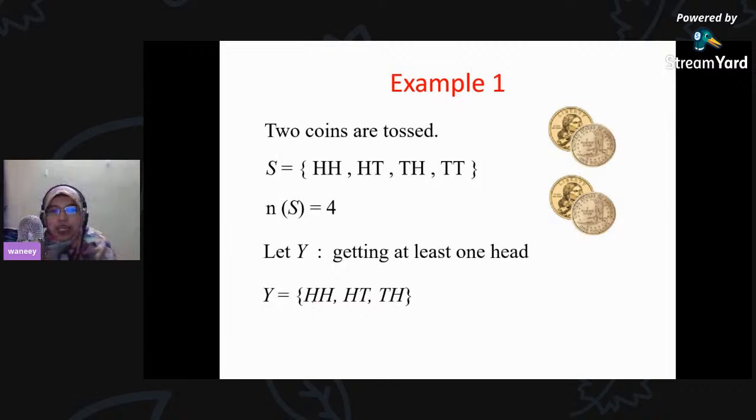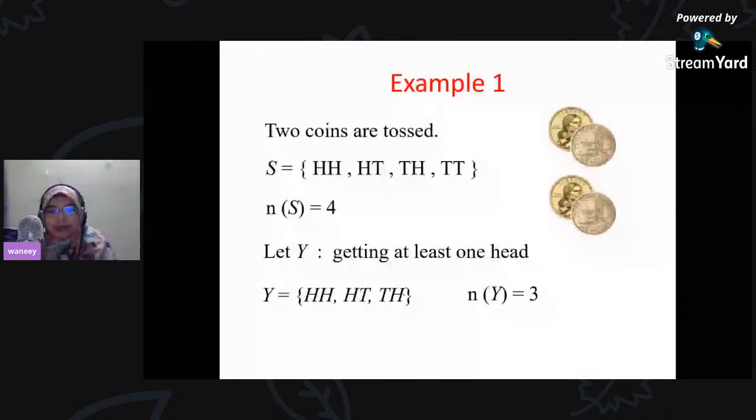So we're going to have HH, HT, TH. This is the event of getting at least 1 head. If I ask you, what is the number of all possible outcomes for this event? That is actually equal to 3. So sample space, event, the number of outcomes in the event.